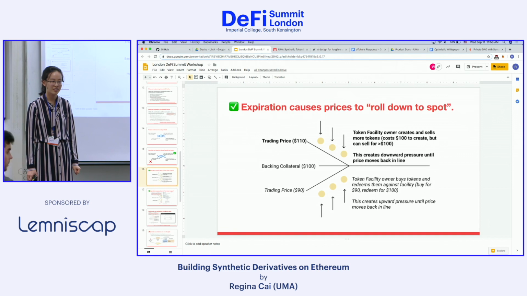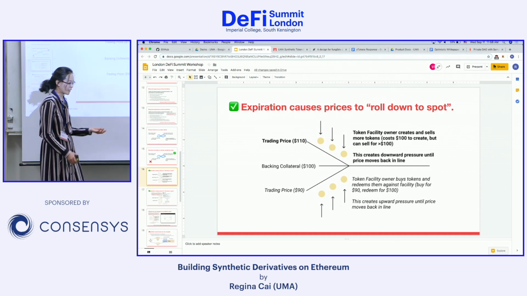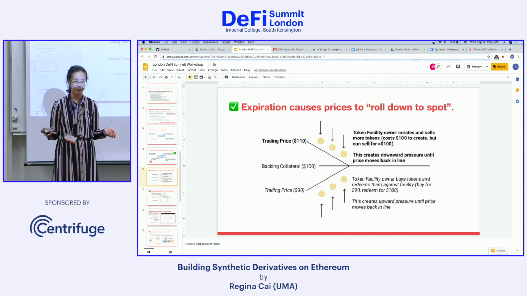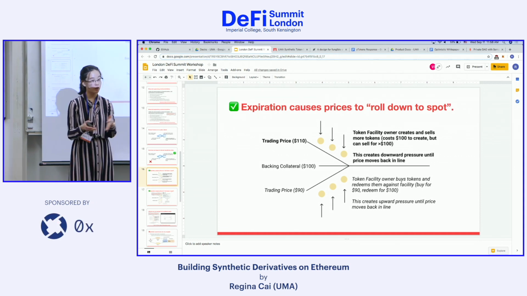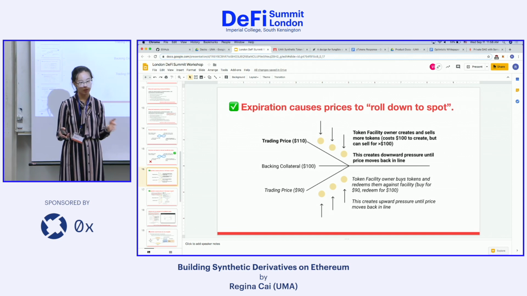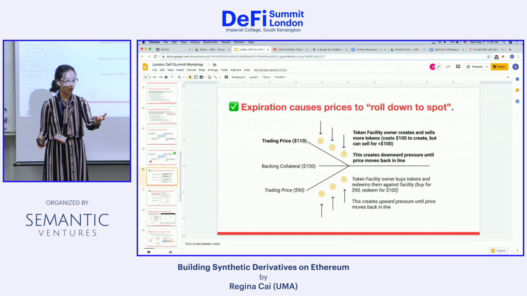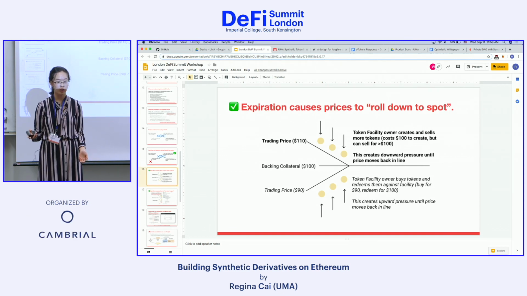So what would happen if there was no expiration? I'm just trying to understand. Absolutely. Let's say there was no expiration, and I tell you that this token has $100 worth of backing collateral. But if I know that only the token facility owner can redeem the token during the lifetime of the contract, I am subject to whatever price the token facility owner is willing to pay for that token. So let's say there's $100 in the contract.